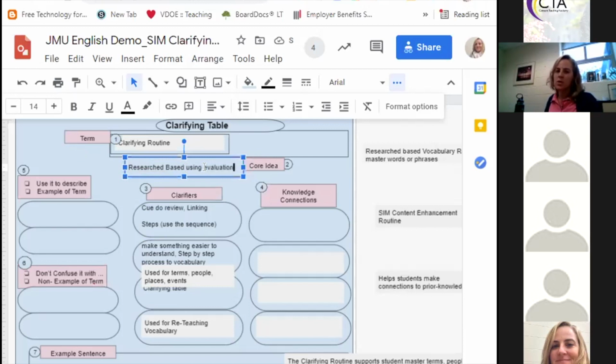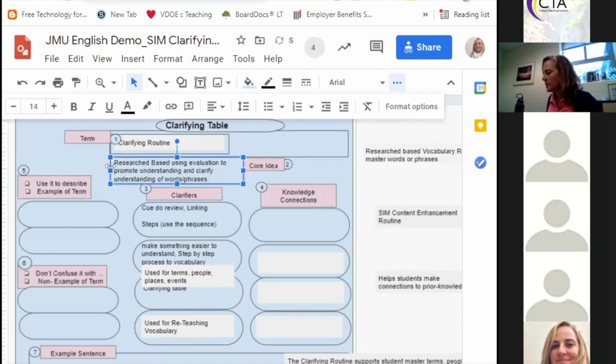So what's our big focus when we're using the clarifying routine? What are we doing? Promoting understanding, making ideas clearer, of words and phrases.